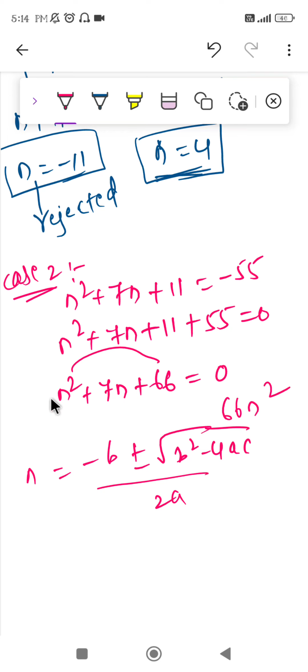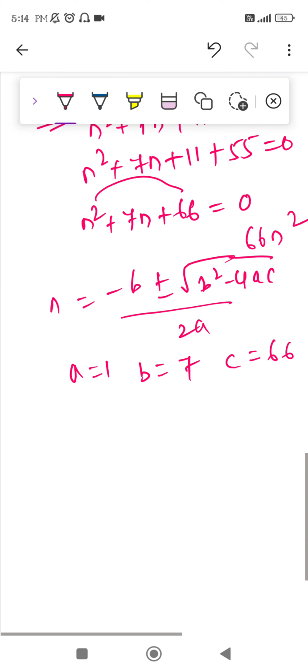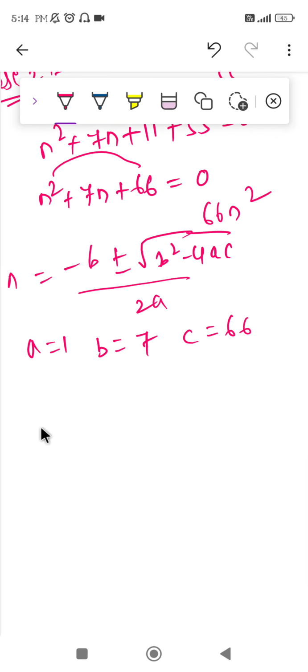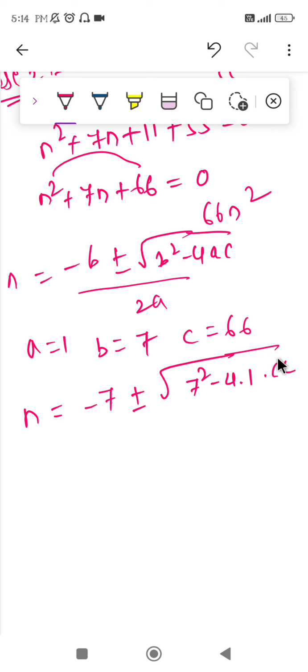So here the a value is 1, b value is 7 and c value is 66. If we put these values here, n is equal to minus 7 plus or minus square root of 7 square minus 4 into a into c, a is 1 and c is 66, divided by 2a, a value is 1.